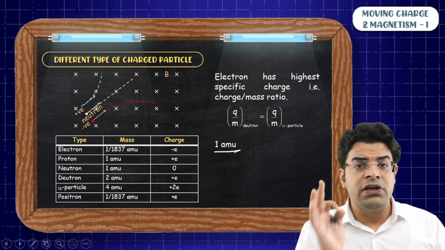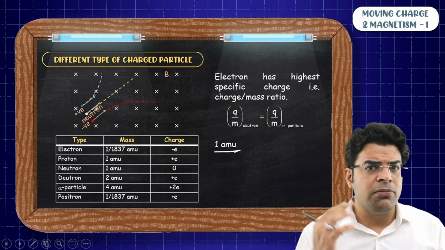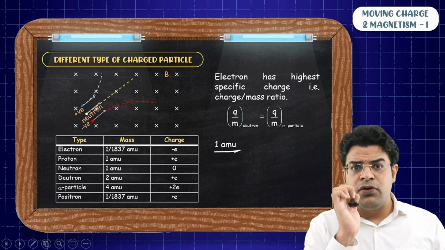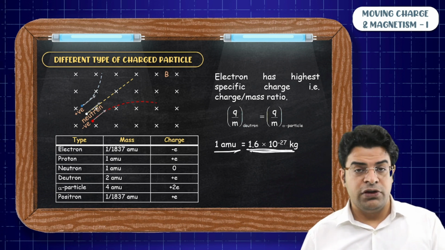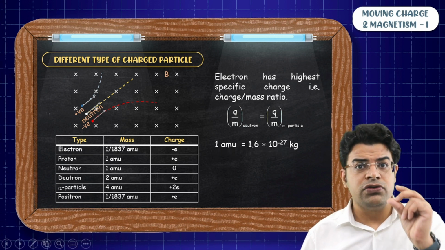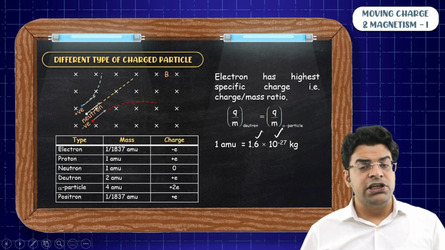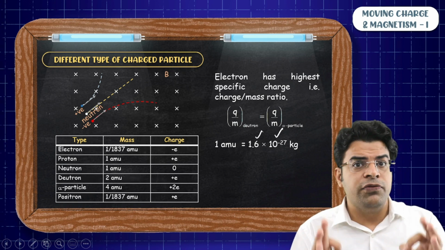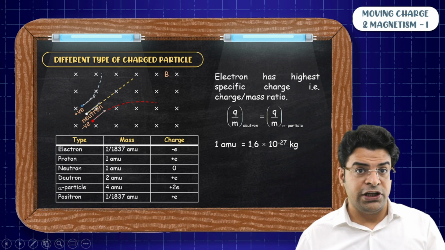The next thing we need to talk about is what is 1 AMU. 1 AMU is nearly the mass of a proton, which is nearly equal to the mass of a neutron. And this value of 1 AMU is nothing but 1.6 into 10 raised to the power of minus 27 kg. So every time you need to substitute the mass of proton, substitute it as 1.6 into 10 raised to the power of minus 27 kg. Each time you need to substitute the mass of neutron, substitute it to be nearly same as 1.6 into 10 raised to the power of minus 27 kg.